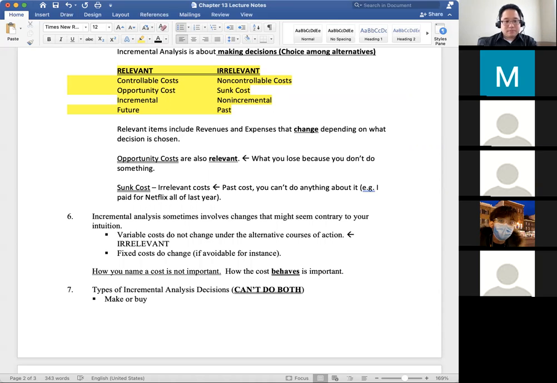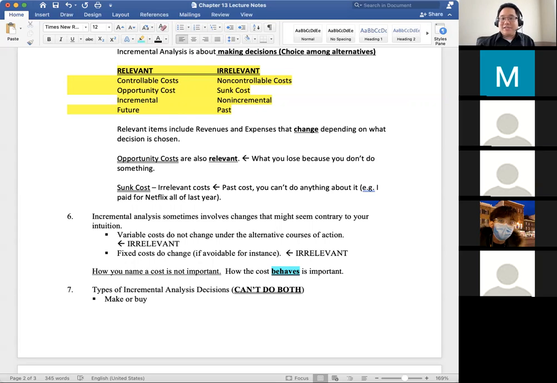It's weird if it happens, but it's possible. If you have a fixed cost that does change, like something you can avoid, that would be relevant. So when we talk about incremental analysis, people are tempted to say fixed is always irrelevant, variable is always relevant. Depends. What is important to remember is the behavior of costs. How a cost behaves determines whether it's relevant or not.